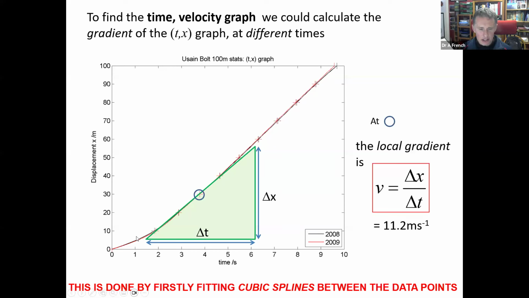So what we can do computationally is fit curves to this line. And I've done this by fitting something called a cubic spline. So this is essentially a cubic to every 4 data points. And you can work out that recipe using a bit of calculus. A lot of computer programs have this built in. So that's quite a nice way of fitting a curve to a set of data. But you could keep this a bit more simple if you like.